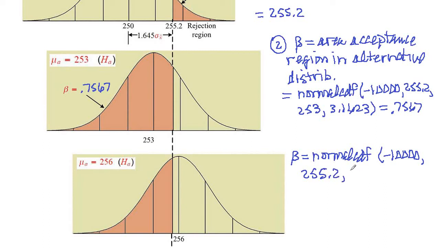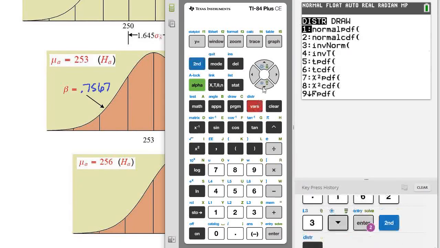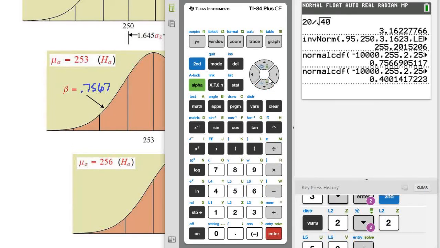But now our mean is 256. Standard deviation the same. So the only thing that changes is that mean. So let's key that in the calculator. So second variables, normal CDF again, and we just have to change our mean to 256. 0.4001.